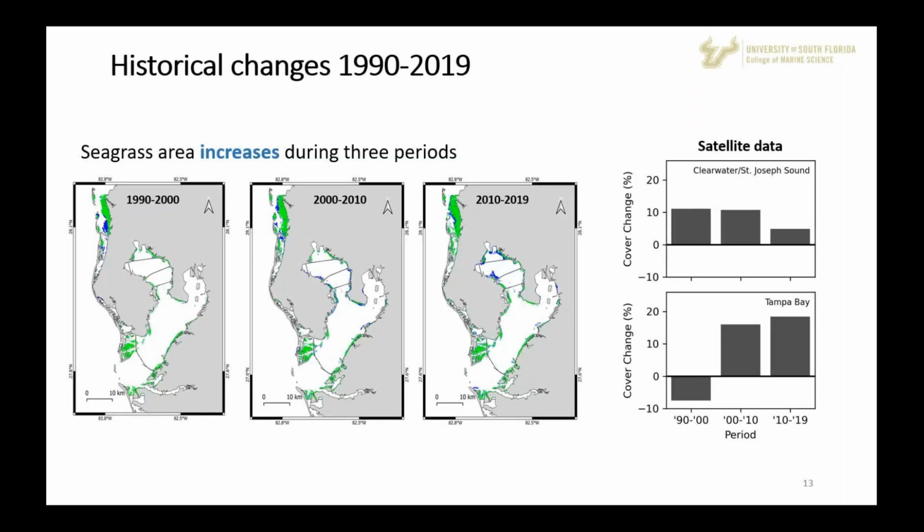Also, we can see in the plot that the seagrass cover increased in Tampa Bay since 2000. And also the seagrass cover has been increasing continuously in the Clearwater region over the last 3 decades.